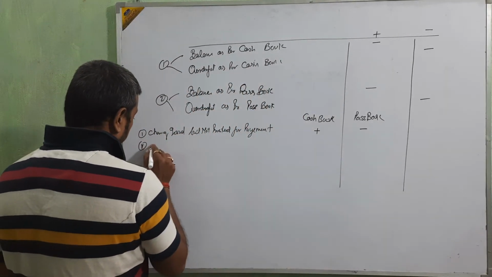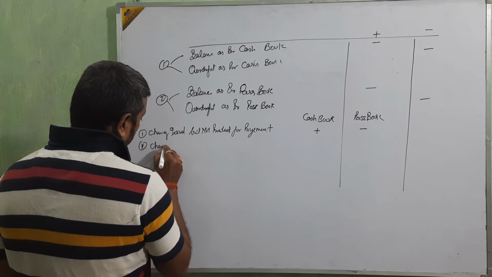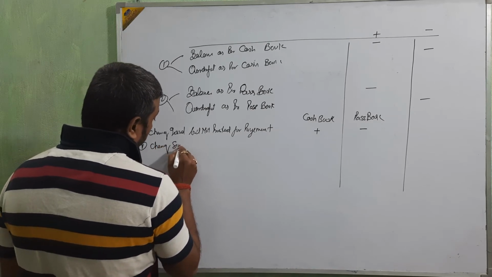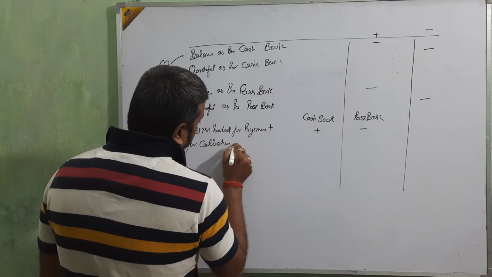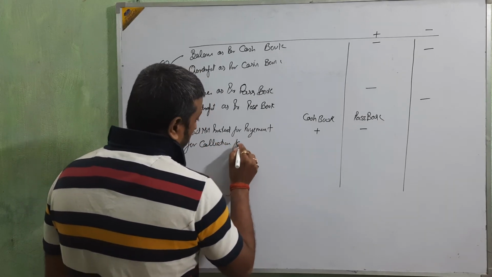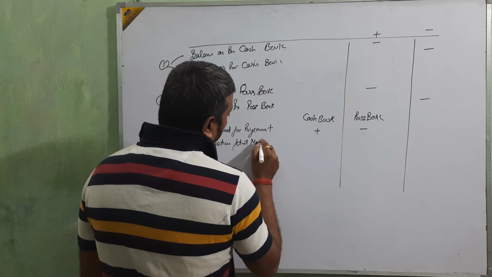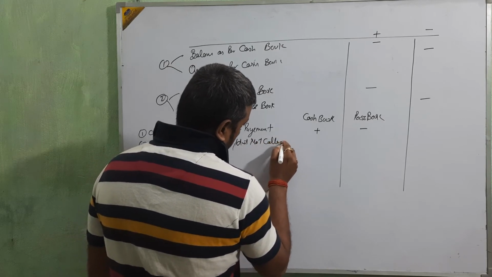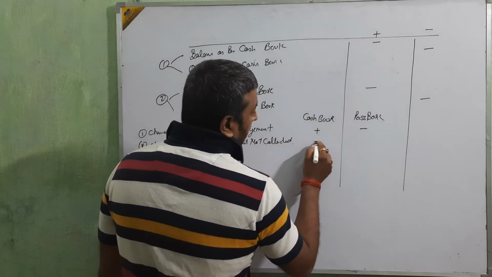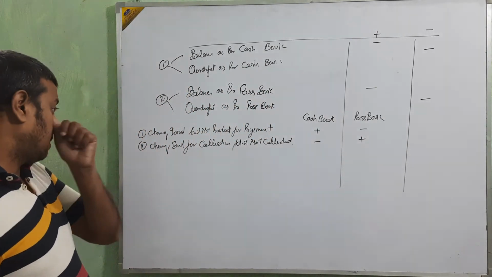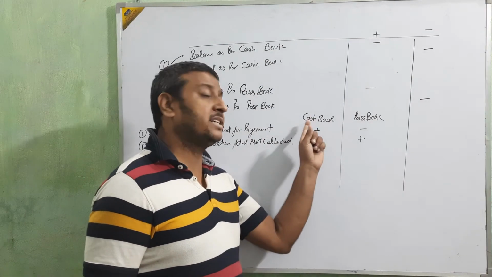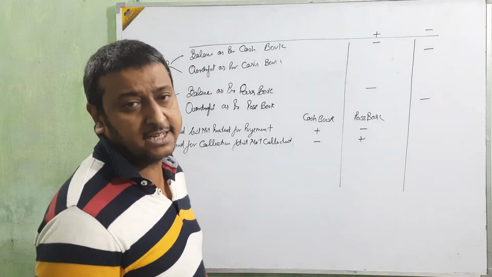Second, cheque sent for collection but not collected: here minus, here plus. Okay, beta, in the case of cash book it is less, and in the case of passbook it is plus.